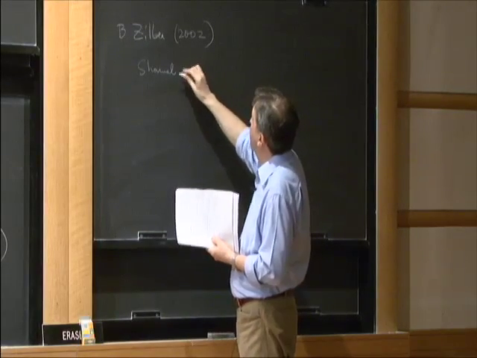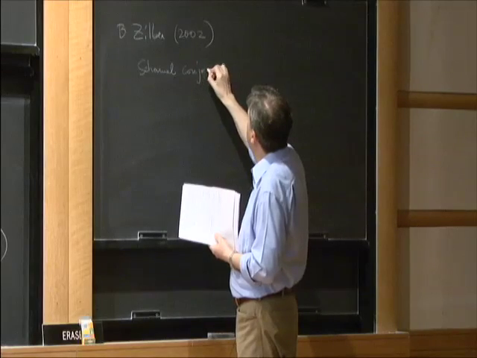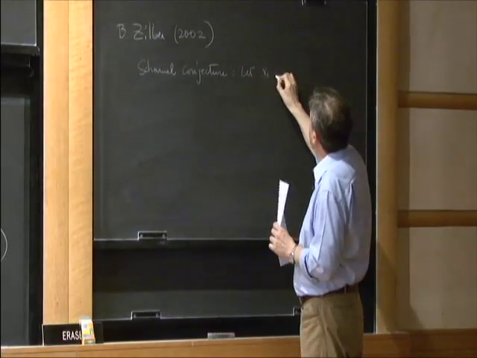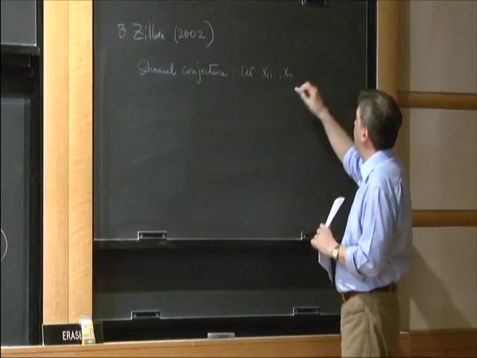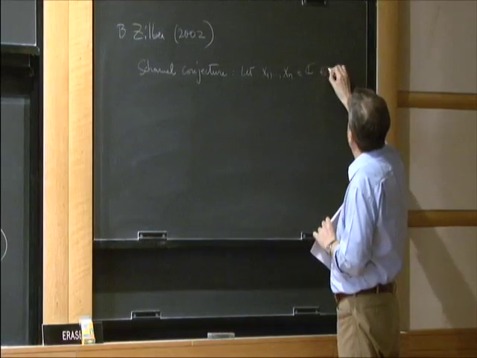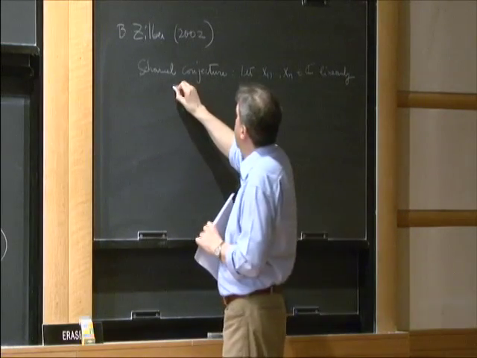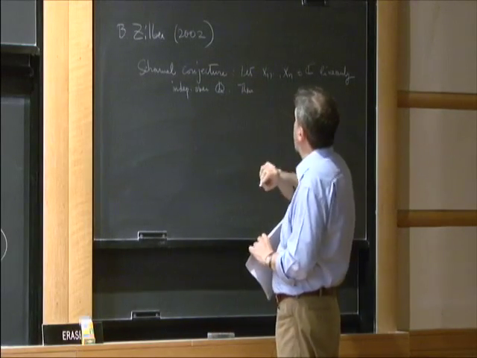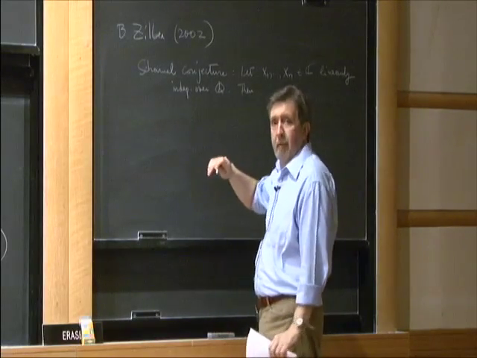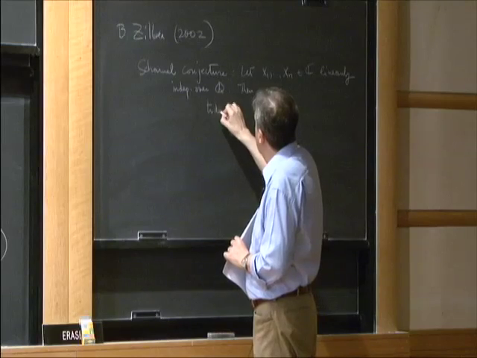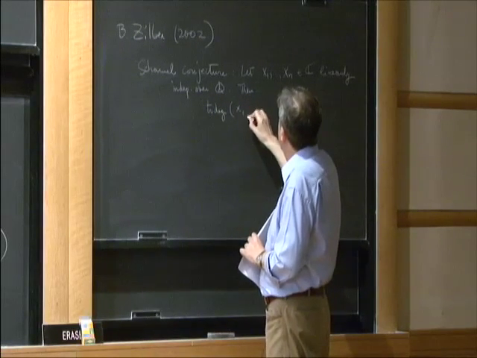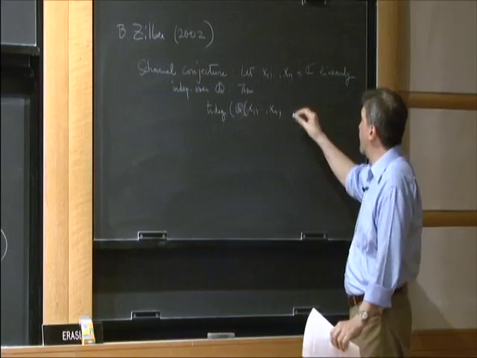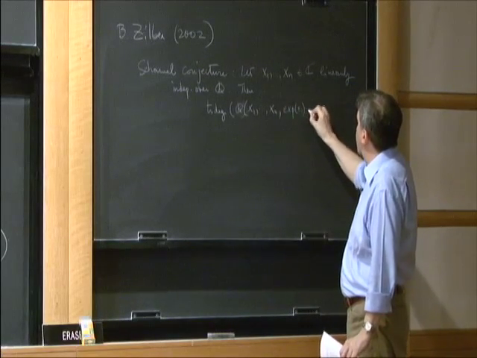So we take n complex numbers, linearly independent over Q. And then the Schanuel conjecture bounds below the transcendence degree of the field generated by x1, ..., xn, and the exponentials.